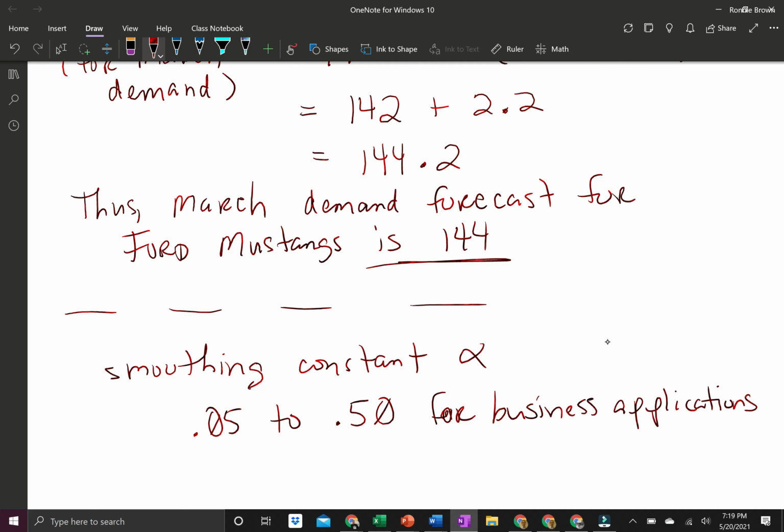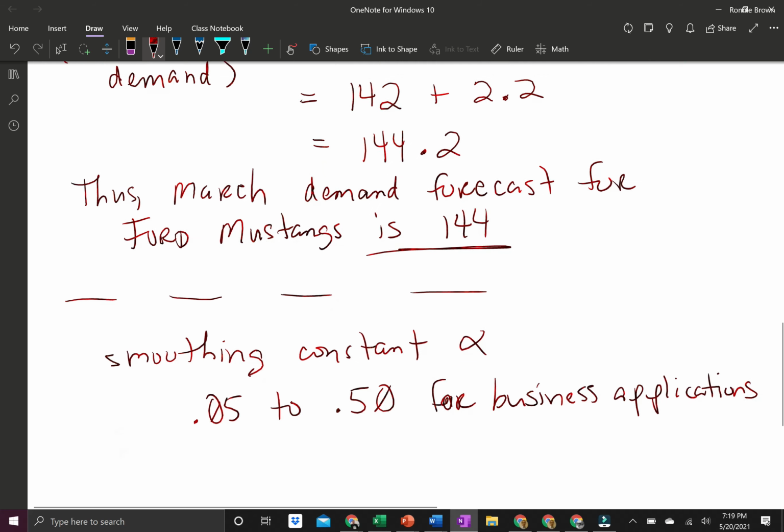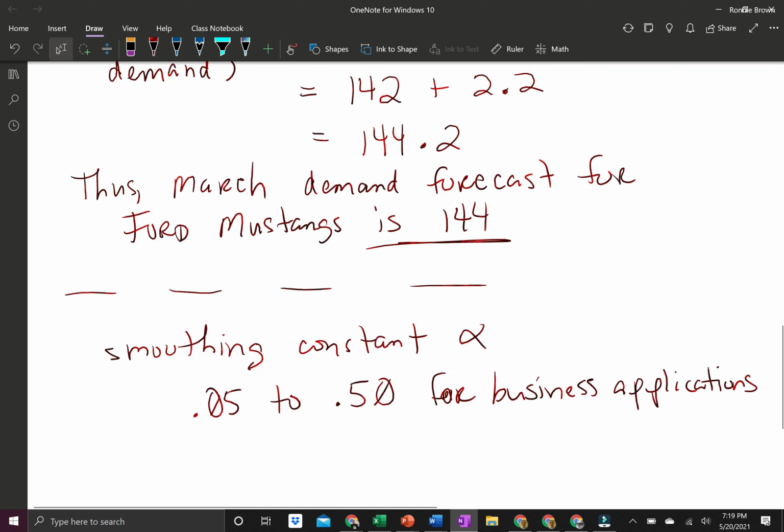It can be changed to give more weight to recent data when our alpha is high, or more weight to past data when our alpha is low.